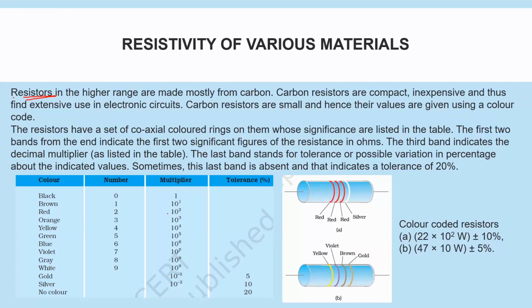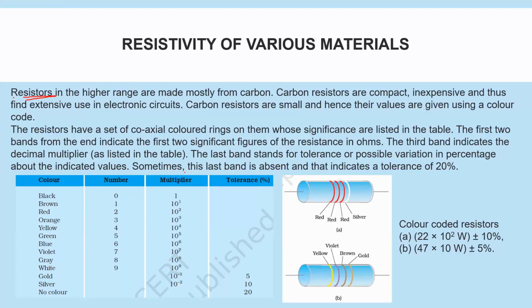Usually you will see some rings painted on the resistor like this. Okay, so usually you have two kinds of resistors. We can have wire bound resistors or carbon resistors. So usually we use the carbon resistors as I just said.